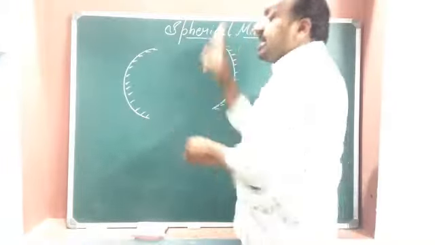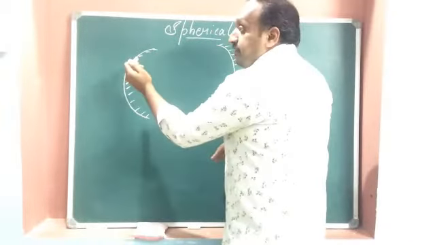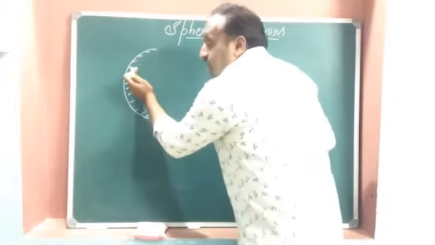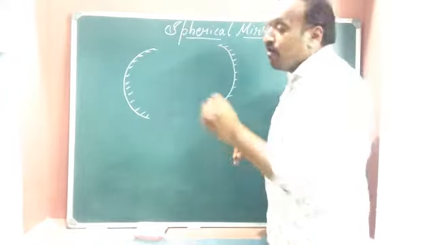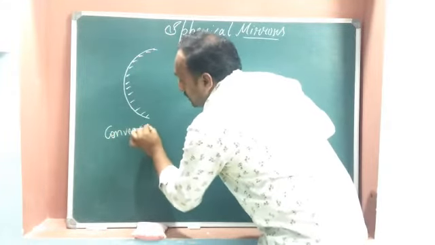Yes students, in a mirror, if the reflecting surface is outside and the silver surface is inside, we call it a convex mirror.